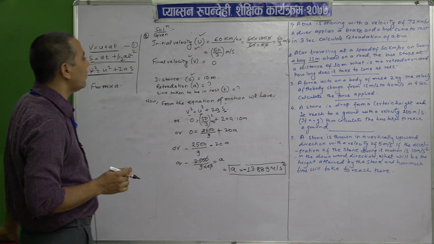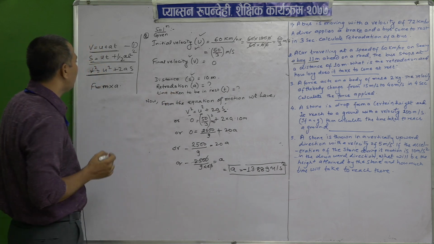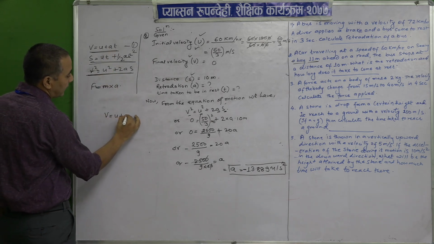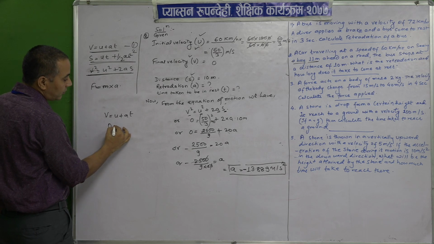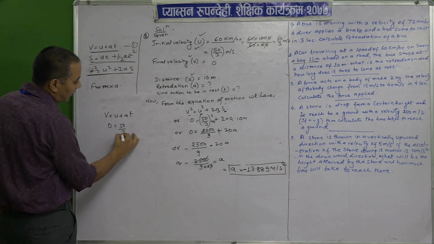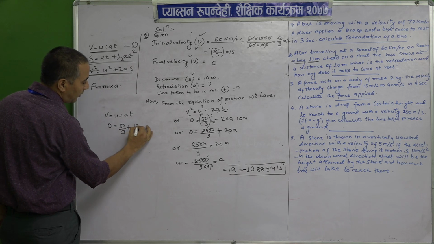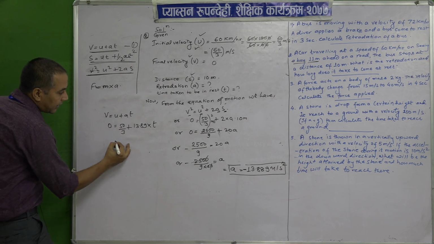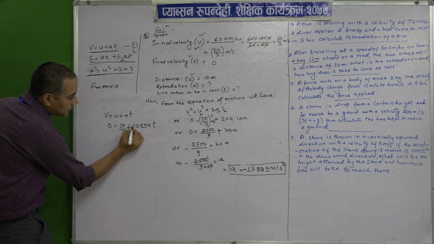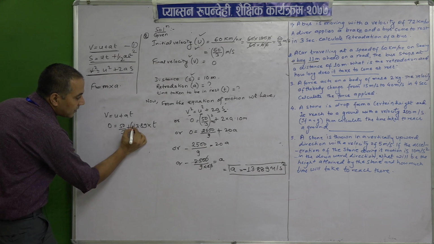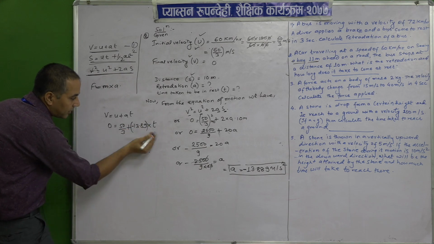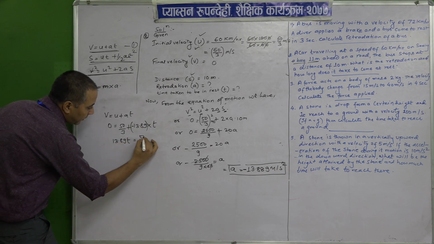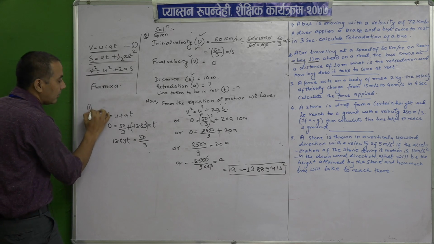Now, what is to be found out? That is the time taken to come to rest. Now, we can use the first formula, v equals u plus at. Here v equals 0, u equals 50 upon 3, plus a, which is minus 13.89, into t. We remember that it is a minus, so we carry this one: 13.89t equals 50 upon 3.